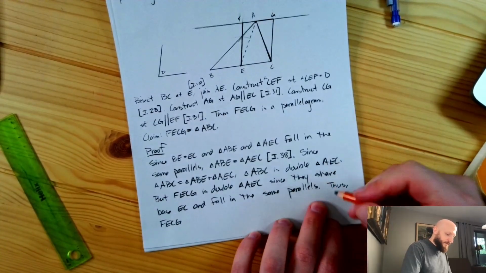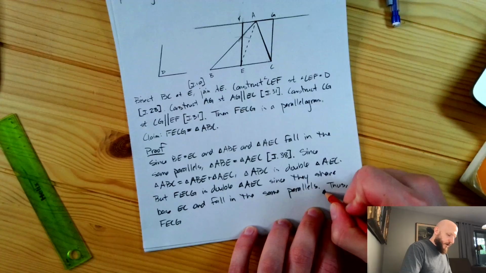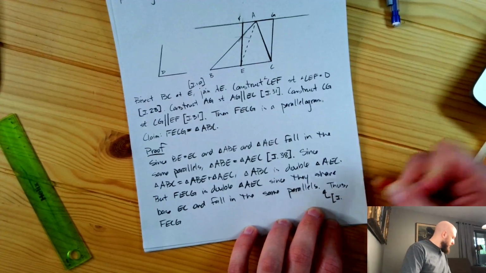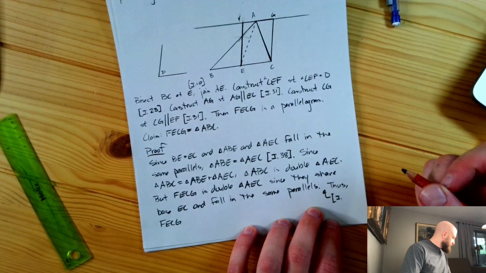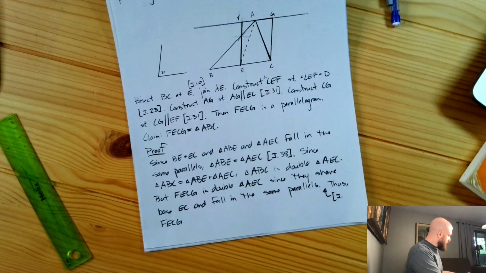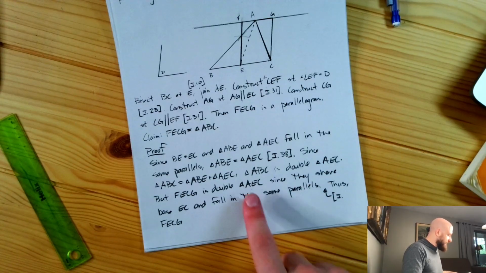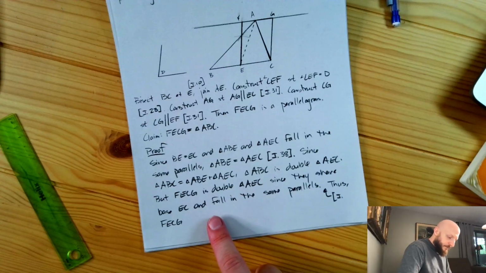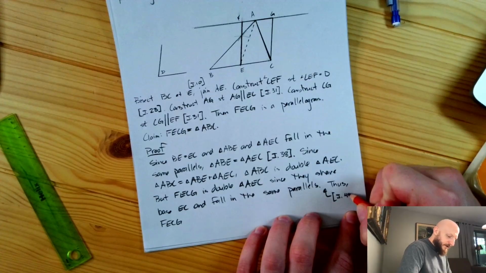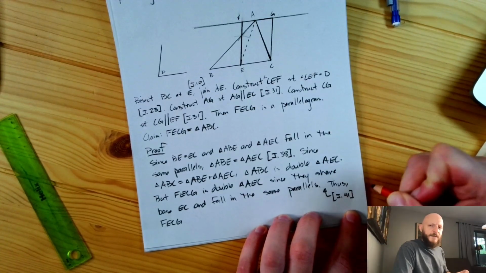That is Prop 40. Looks like that one didn't get cited either. Was it 38 again? No, 41, right? Because parallelogram FECG is double AEC since they're on the same base and the same parallels. Yeah, that's Prop 41. That was also not cited in my text, and I think it should have been.